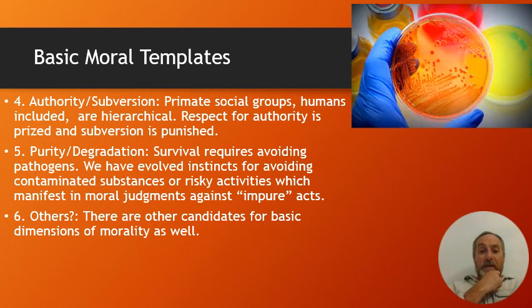Number four, authority subversion. So certainly primate social groups, chimpanzees, our nearest ancestors, and the other apes, have hierarchical social groups, and this is probably the case with early humans as well.